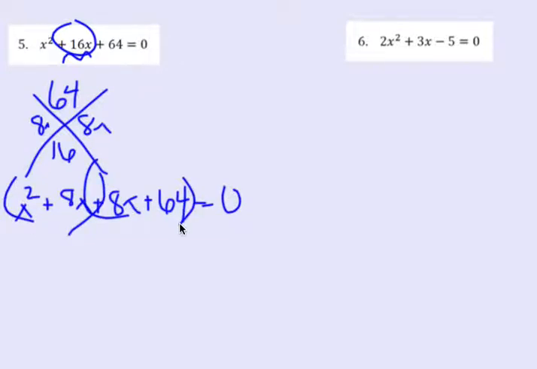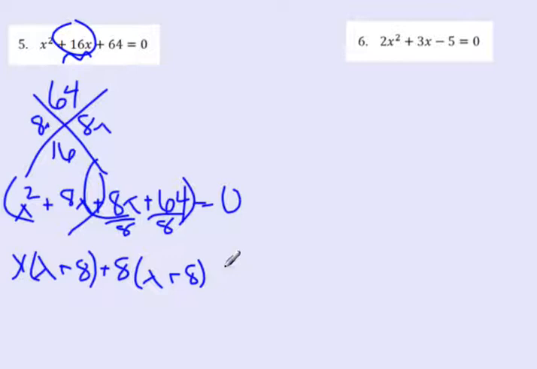Then we're going to create two groups. Between x squared and 8x, we can take out an x. So I take out an x and I'm left with x plus 8. Between 8 and 64, I can take out an 8, so we're dividing each of those by 8, and we get this.